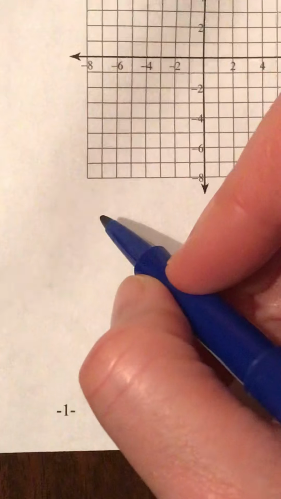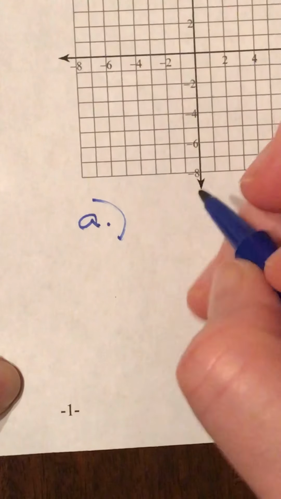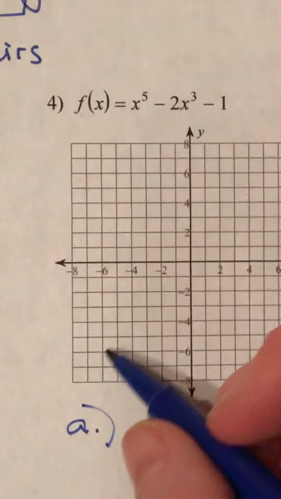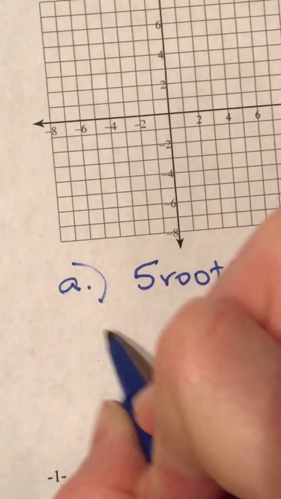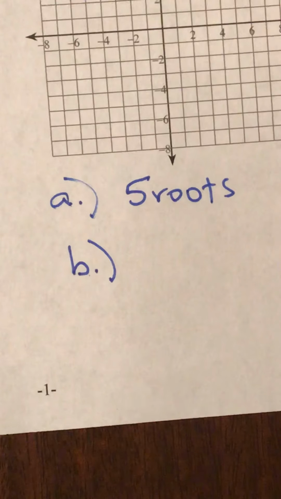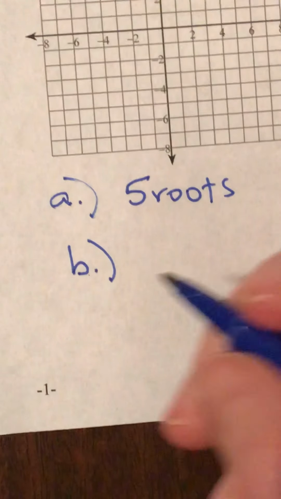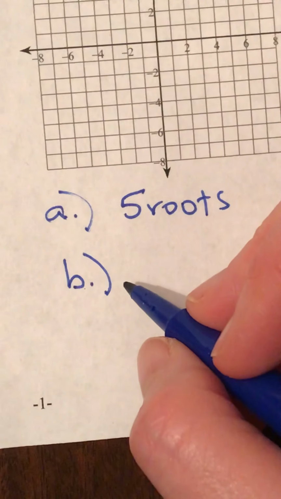The first thing we need to identify is the number of roots. Since our degree is 5, we have 5 roots. B, we need to identify the nature of the roots, meaning real or imaginary.